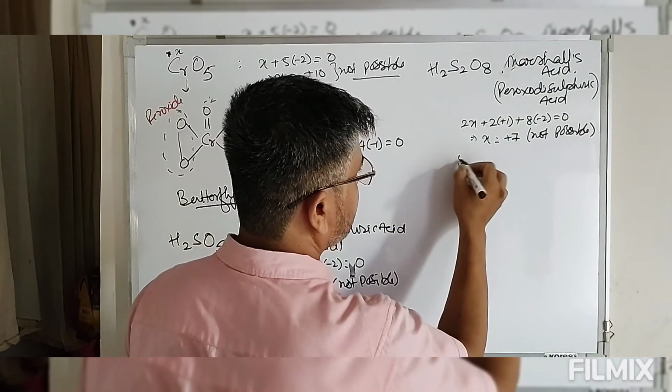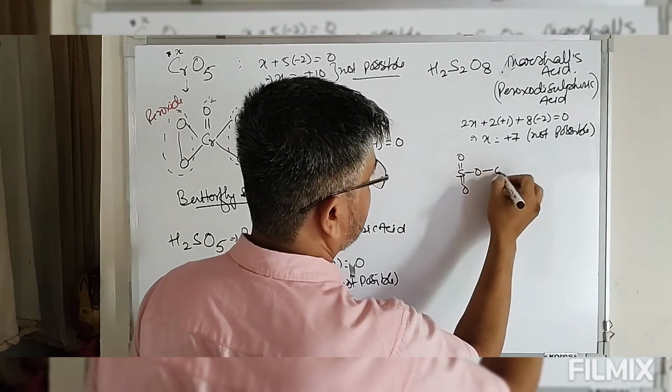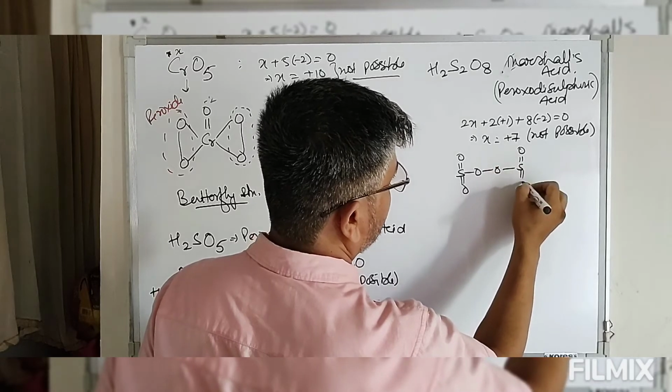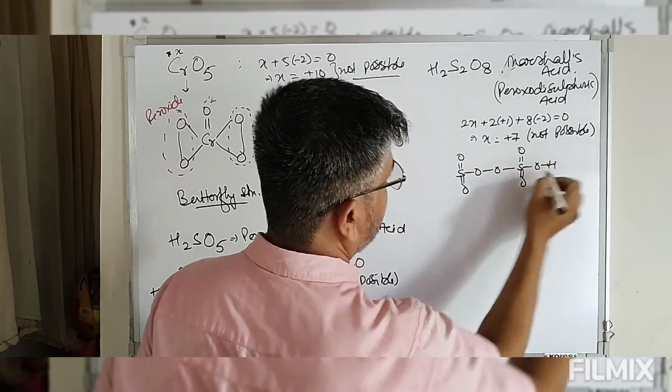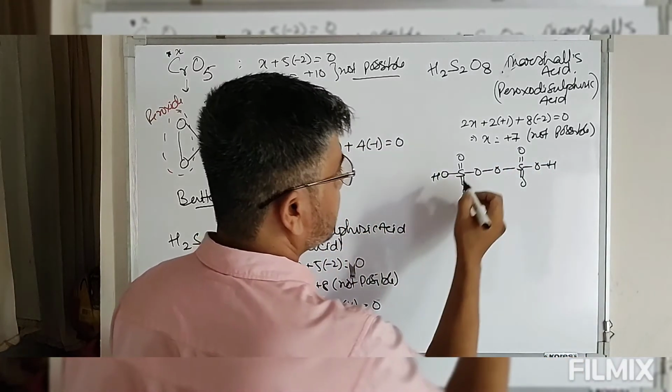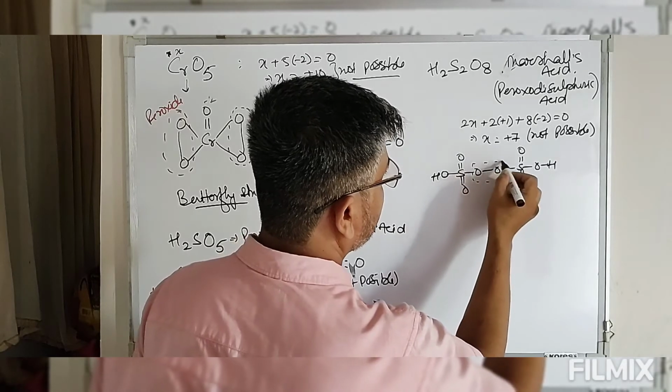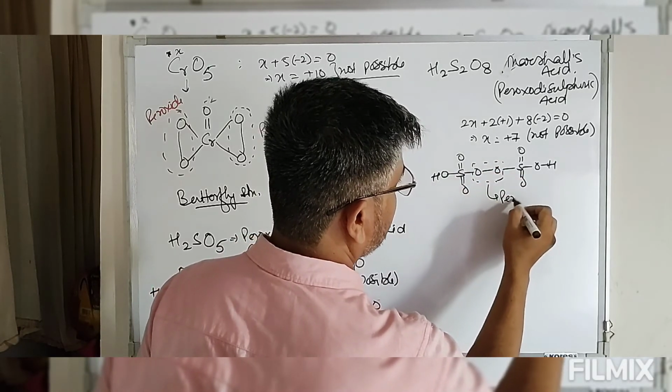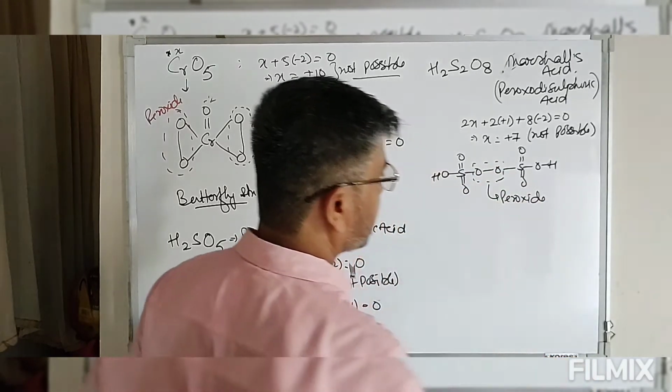So we have this. Look at it, these two oxygens are peroxide. Once we know the structure, we can easily define.